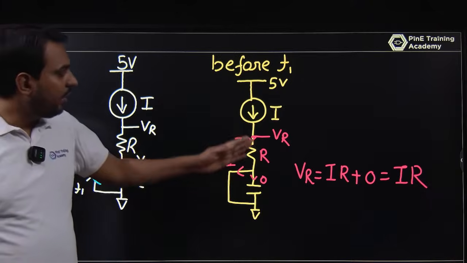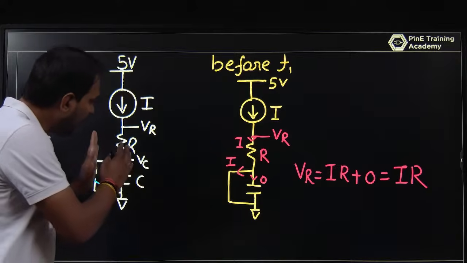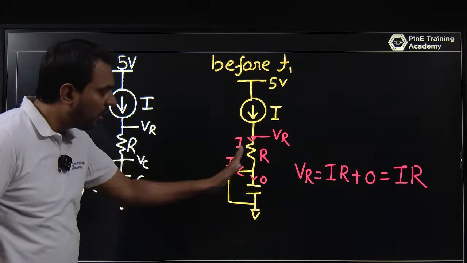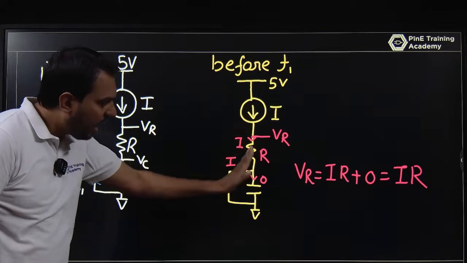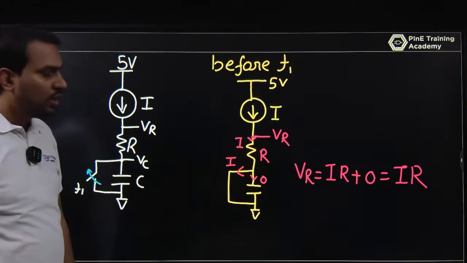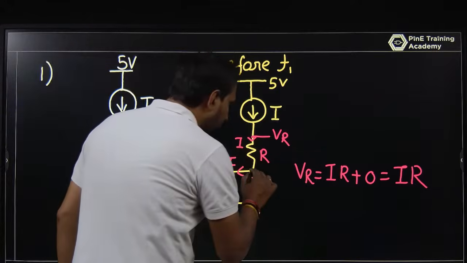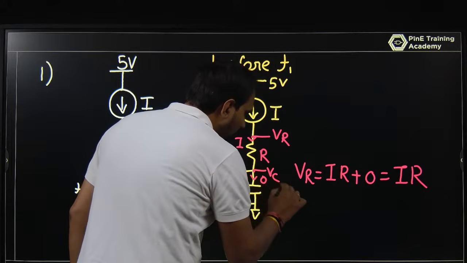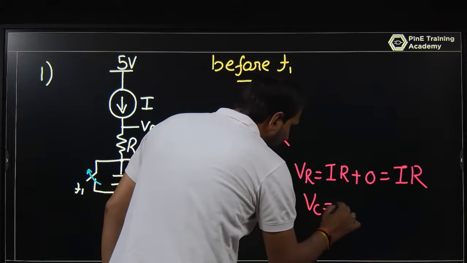So before T1 I can say that VR is I into R, and VC is 0 volt.